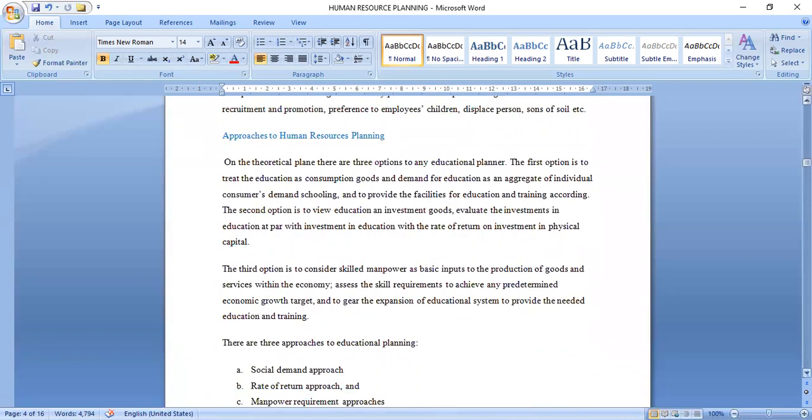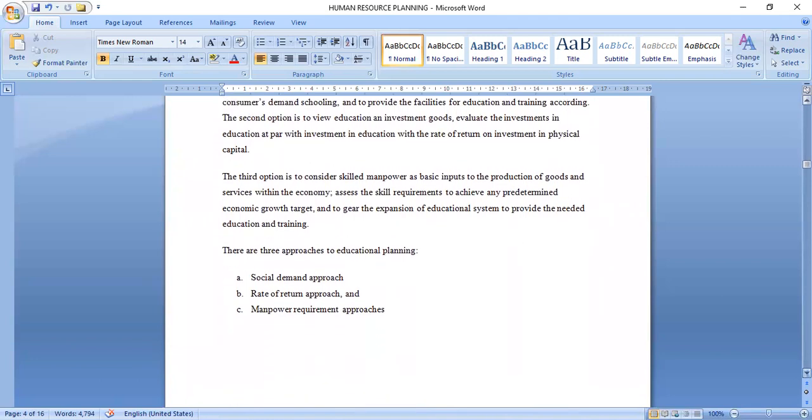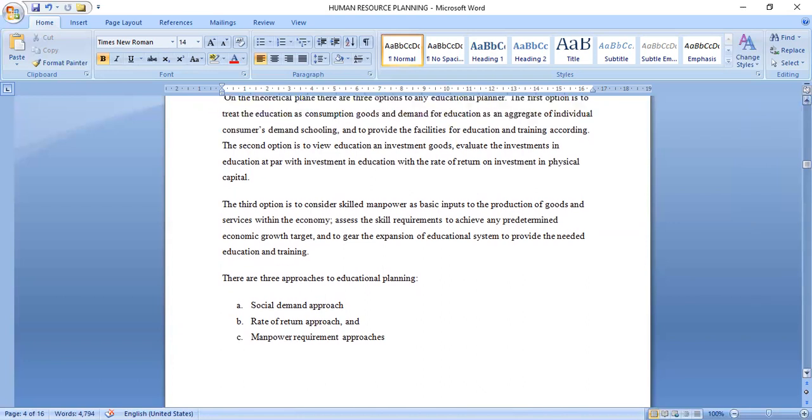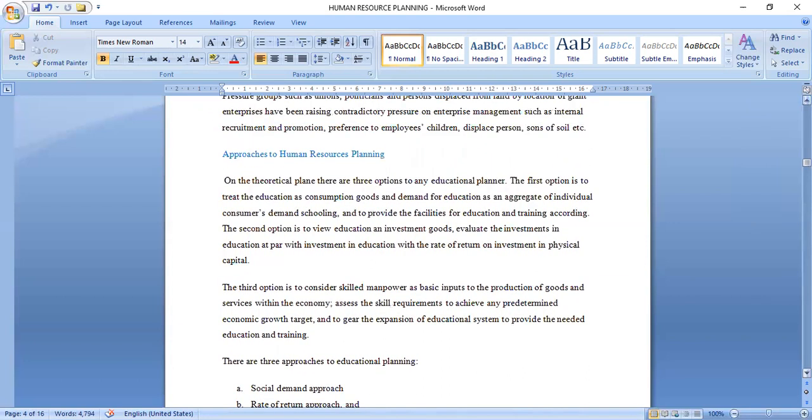So what are the approaches to human resource planning? There are three options. First of all, with human resource planning, we should be able to treat education as a consumer good, right?